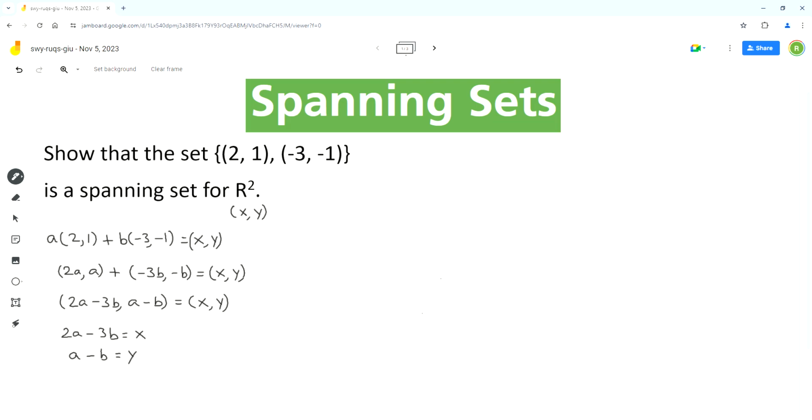So we can use the substitution method for this linear system. So we can isolate a from the second equation by adding b to both sides. So a equals b plus y, and now we can do the substitution for a in the first equation.